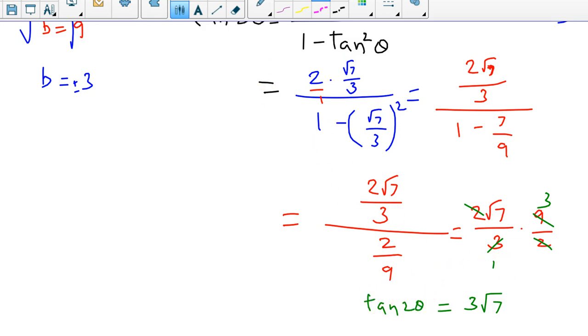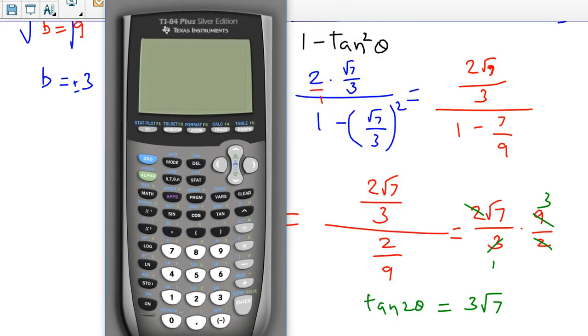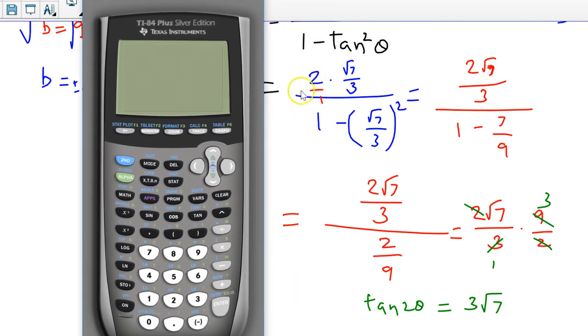Let us see what happens using the calculator. I'll show you. Let's work it out. Directly this step we'll try to use. So after substituting the values, you got 2 times this thing. Now let me go to alpha. Oh, let me turn it on first. Clear off, alpha, then hit y.